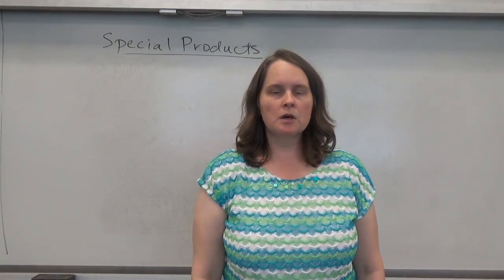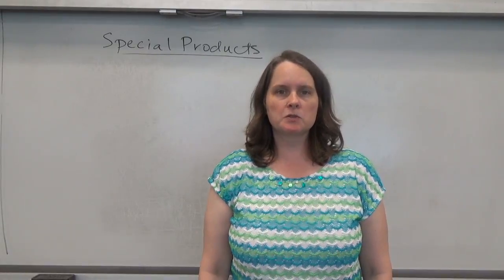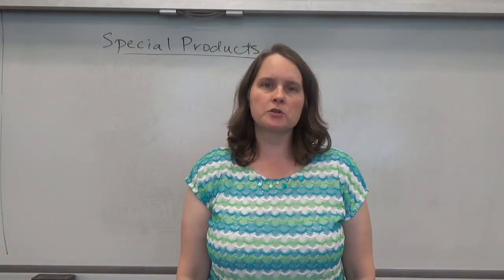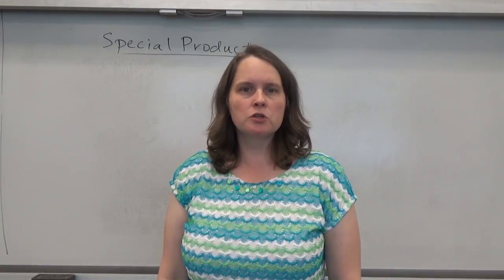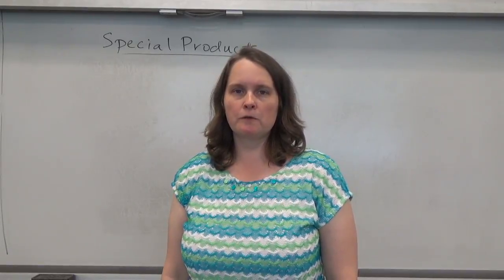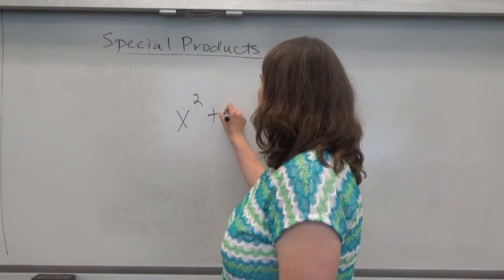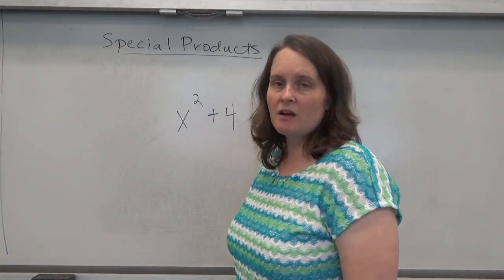So in your notes, there is discussion about the difference of squares, sum of squares, and perfect square trinomials. Read through that. Make sure that you know that if you see a sum of 2 perfect squares, for example, x squared plus 4, this is a prime polynomial or a prime binomial, this does not factor.